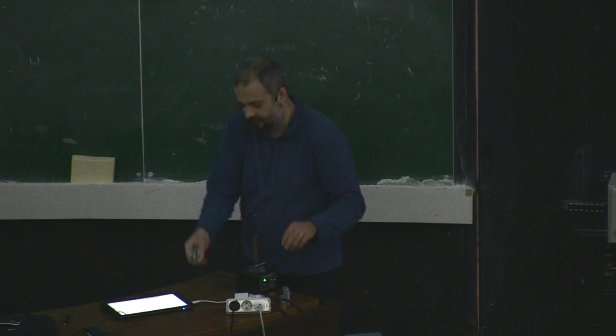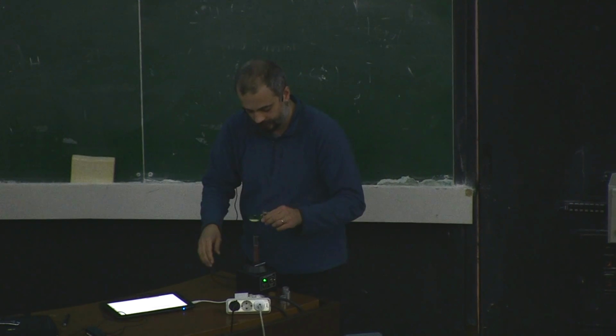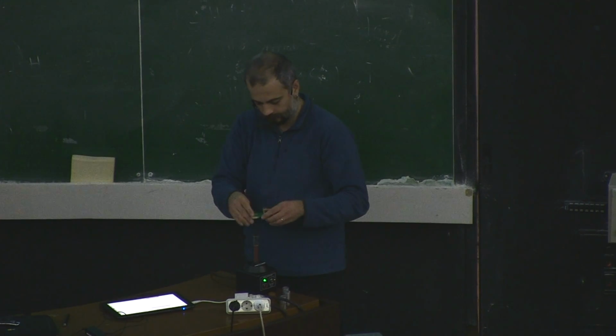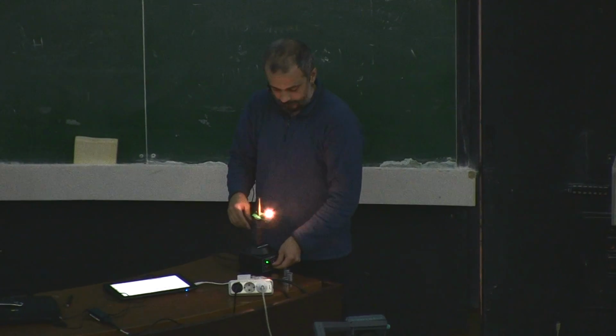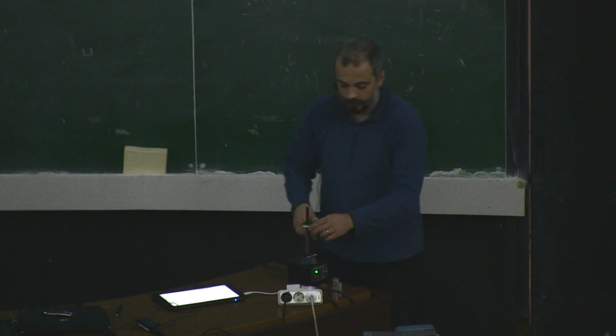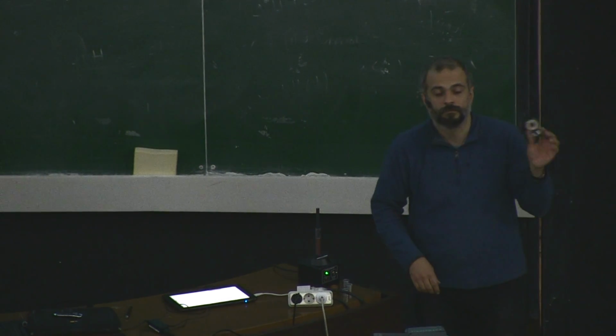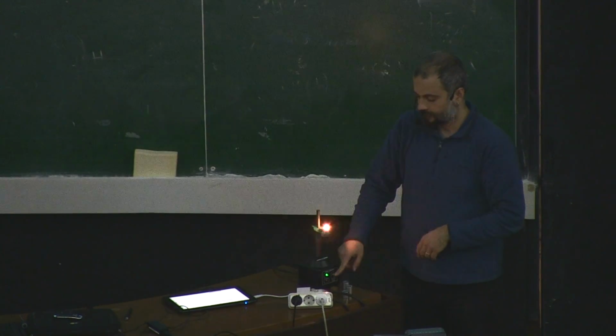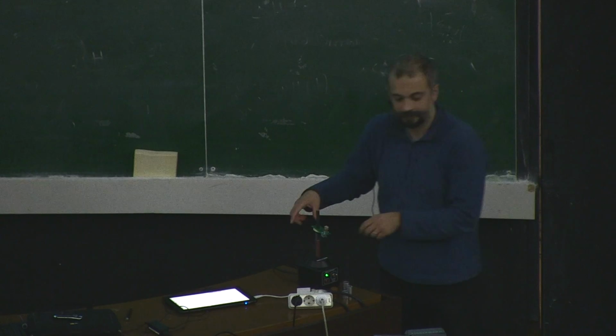And as a last example, this is more relevant to the experiment that you will be doing this week. There's no battery here. I just put it over here, turn it on, and then we get the light.